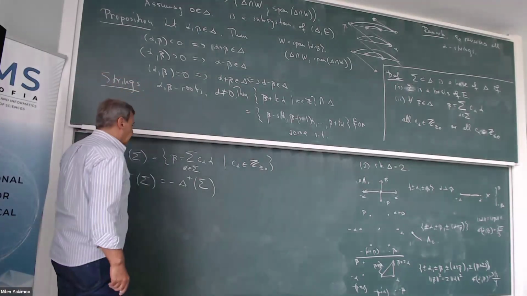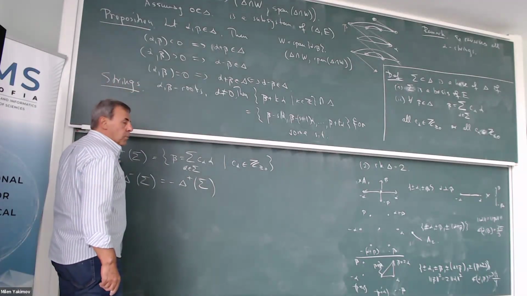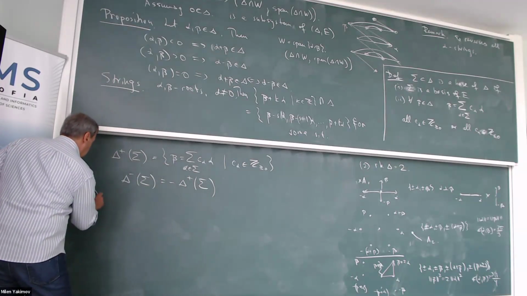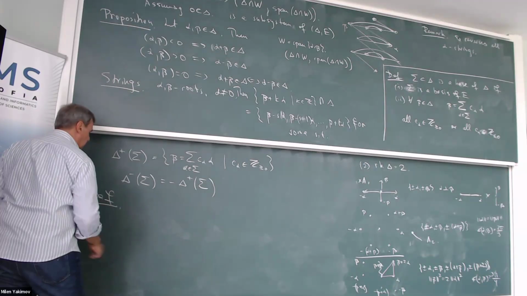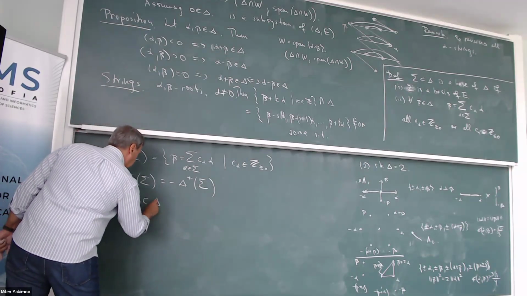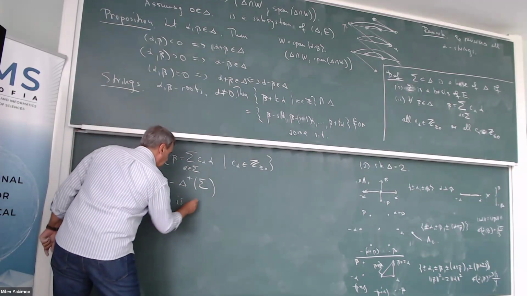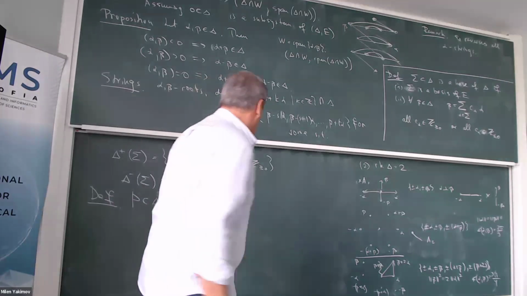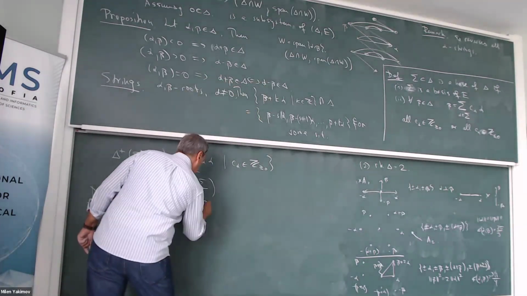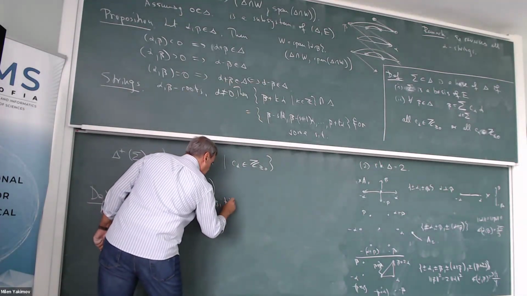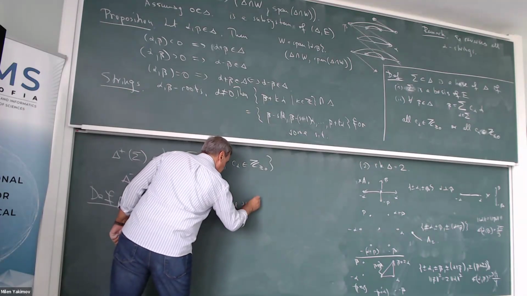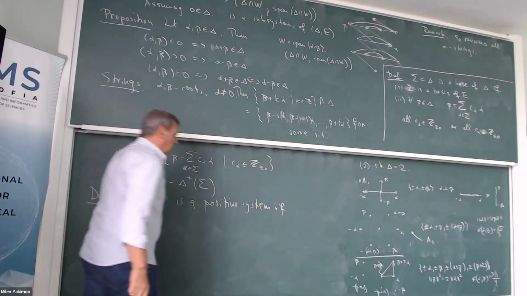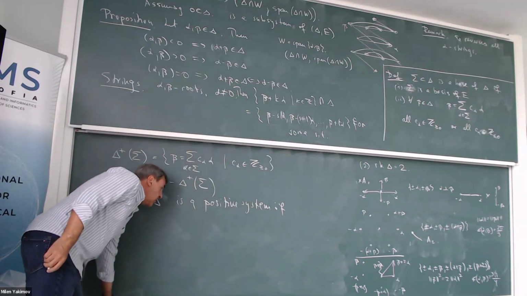Which brings me to the notion of a positive system. So here comes the definition of a positive system. A subset P of delta is a positive system if it satisfies three conditions.